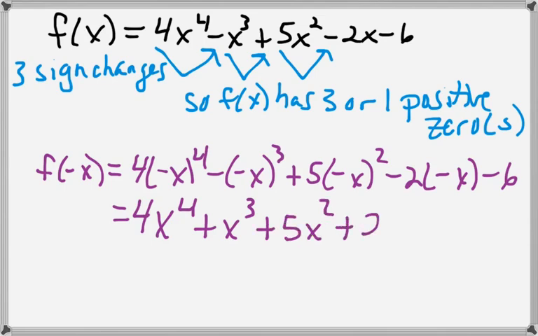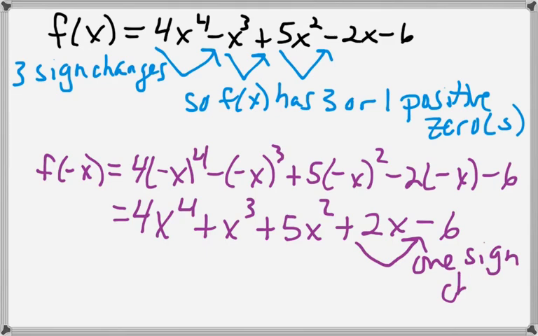Negative times a negative for this term. And then our minus 6. So we start off with a positive term, and they stay positive all the way till the end. We have 1 sign change here. Okay, so our original function f of x has 1 negative zero.